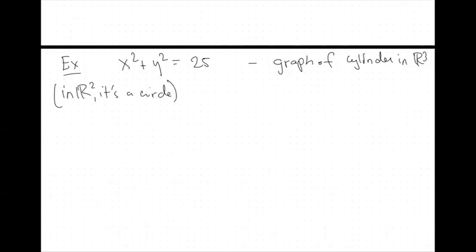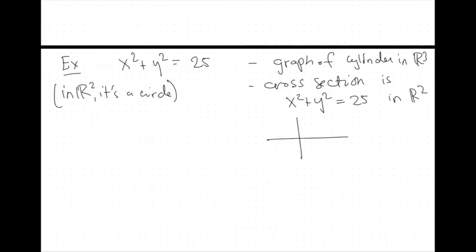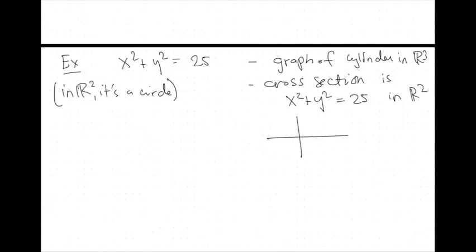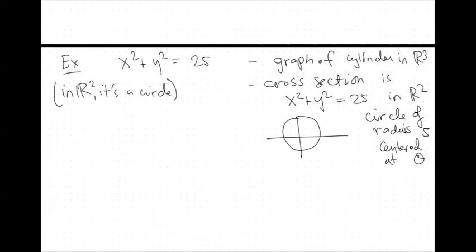So the cross section here is x squared plus y squared equal to 25 in R2. So this is a circle of radius 5 centered at the origin. This is your cross section.